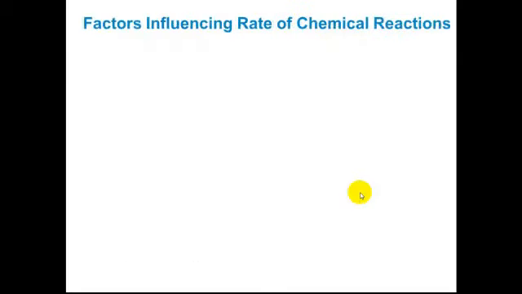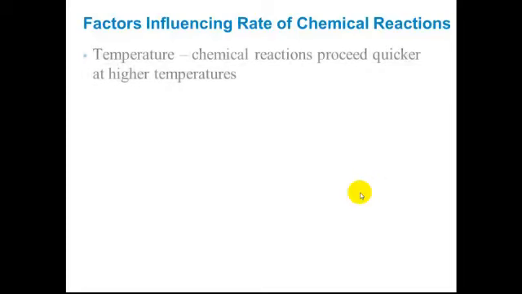Now, everything we've discussed has to do with these chemical reactions occurring. There are different things that can influence the rate of chemical reactions. This can be influenced by temperature. Temperature is actually a measure of the movement of molecules.